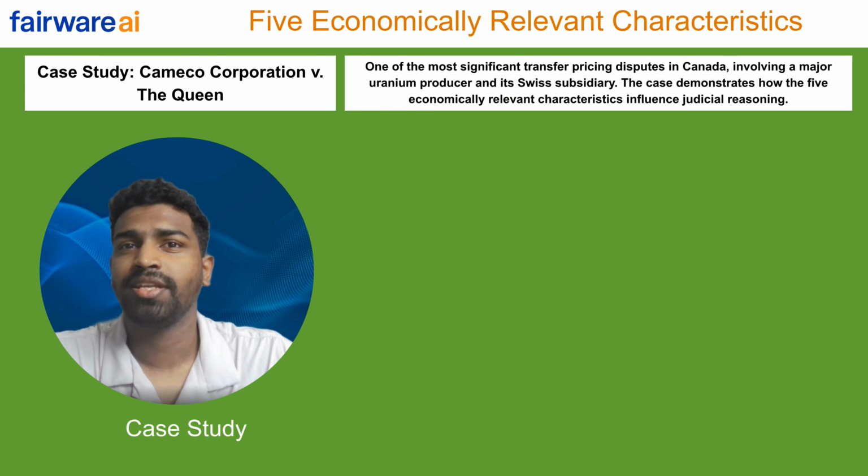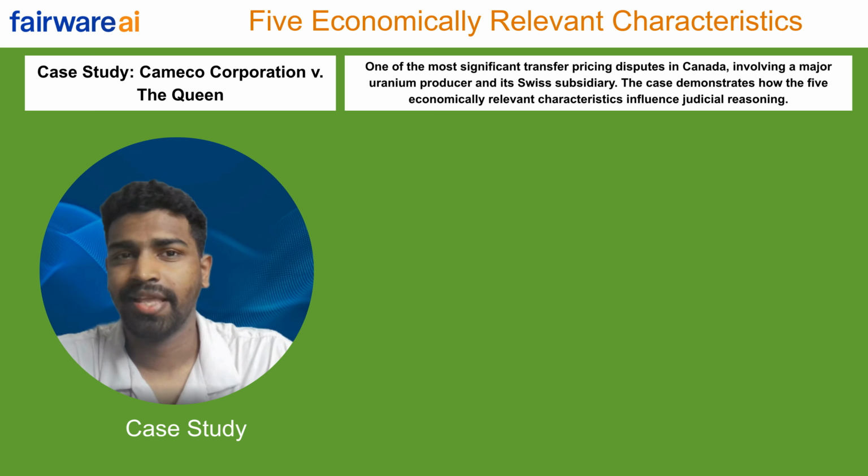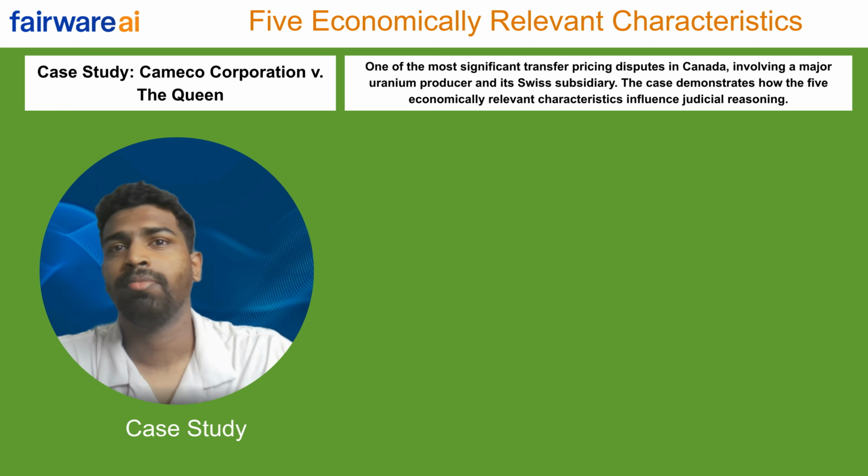One of the most significant transfer pricing disputes in the history of Canada is that of Cameco. Cameco is a major uranium producer. They set up a Swiss-based subsidiary to purchase uranium for a long-term contract. The setup happened when the prices of uranium weren't that high, they were at a lower margin.